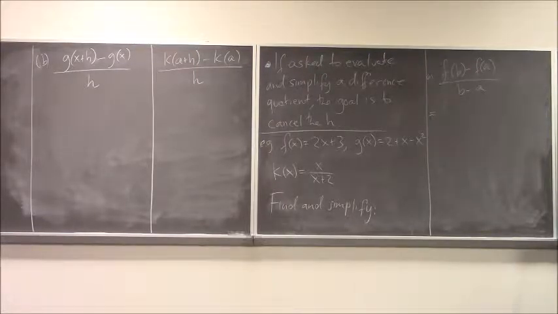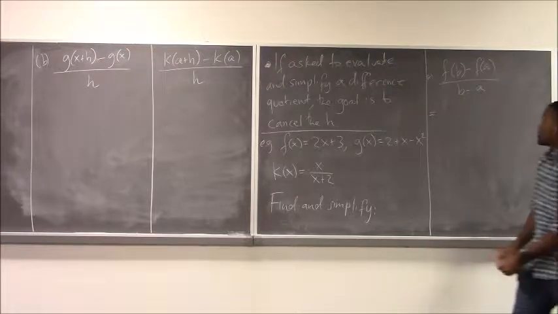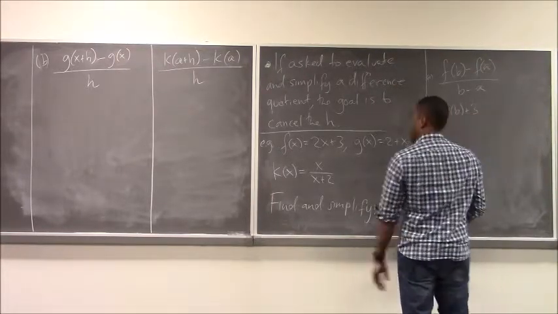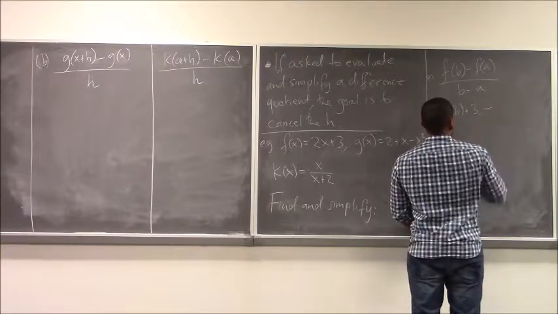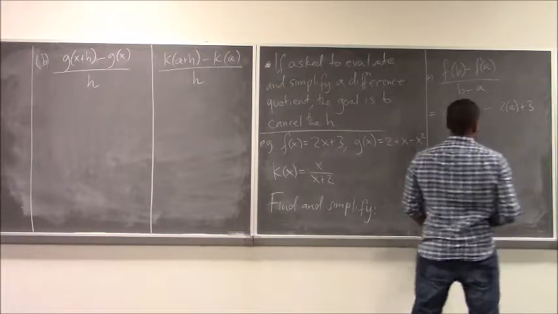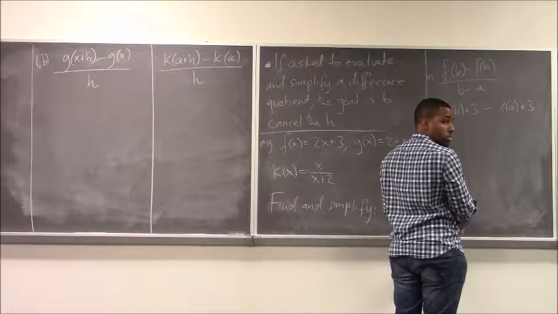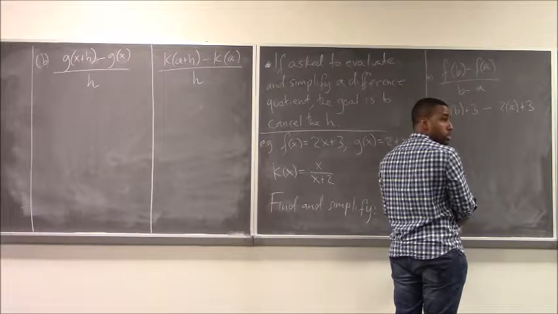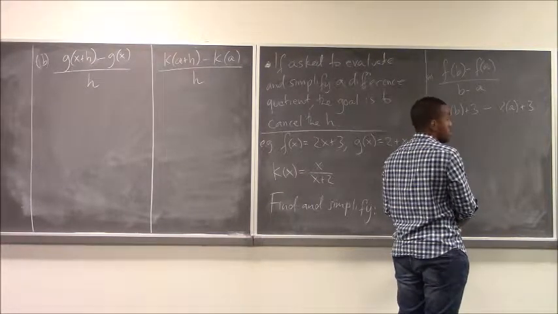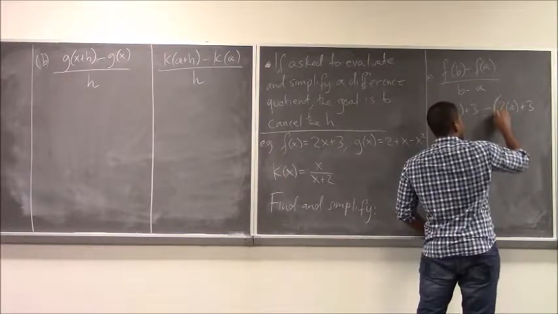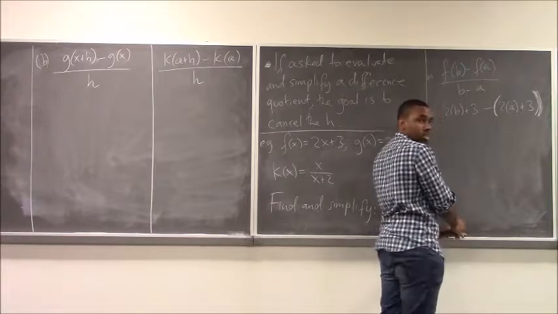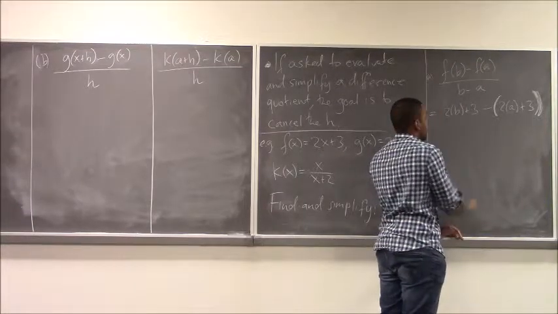Okay. So it would be 2b plus 3. And minus 2a plus 3. Okay. What else? Parentheses, super important. What else? All over.